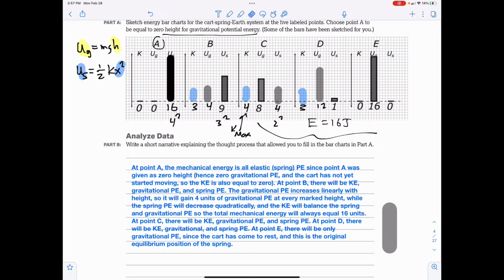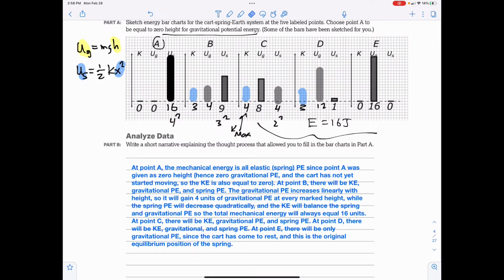At point A, the mechanical energy is all elastic. That means spring potential energy. Since point A was given 0 height, hence 0 gravitational potential energy. And the cart has not yet started moving, so the kinetic energy is also 0. At point B, there will be kinetic energy, gravitational potential energy, and spring potential energy.